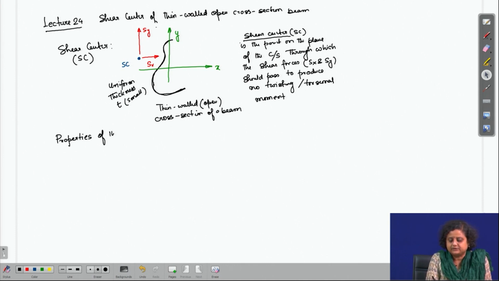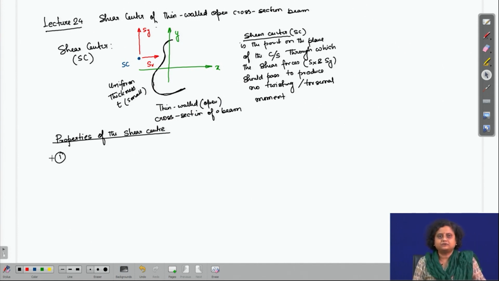Properties of the shear center. The first property is that if a cross section has one or two axes of symmetry, then the shear center must lie on that axis of symmetry.